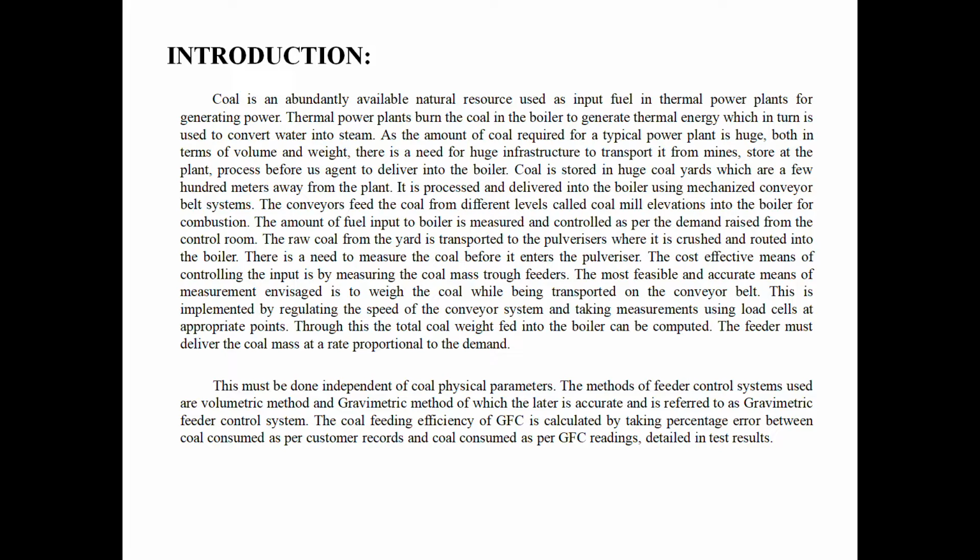The feeder must deliver the coal mass at a rate proportional to the demand. This must be done independently of coal physical parameters. The coal feeding efficiency of GFC is calculated by taking the percentage error between coal assumed and actual consumption.